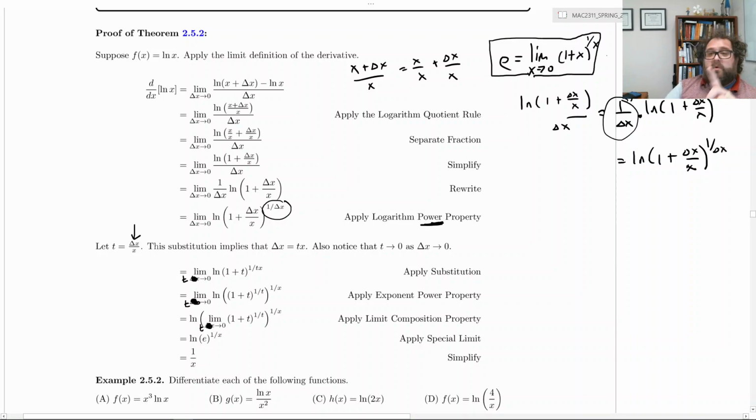But remember, we can use properties of exponents. We have a property that says a to the m times n equals a to the m, to the n power, or vice versa, equals a to the n, to the m power. In other words, you can reverse the order of the powers. Why?